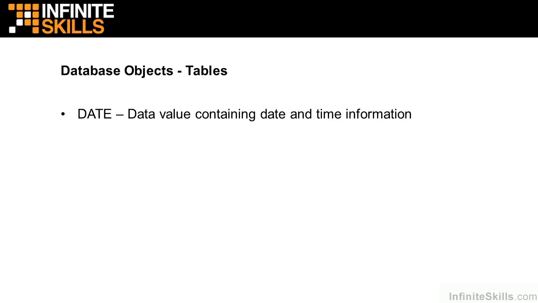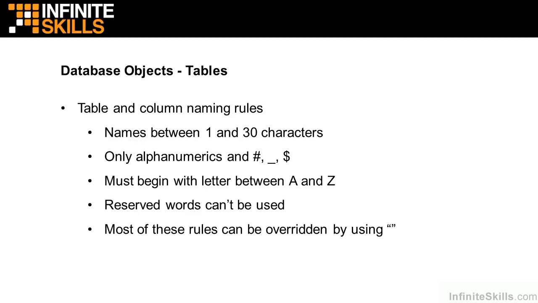By default, Oracle has a standard date format that it shows whenever we select data from a date column. There are certain rules about tables and columns concerning their naming, so it's important to understand those so we know what goes into choosing a name for a column in a table.